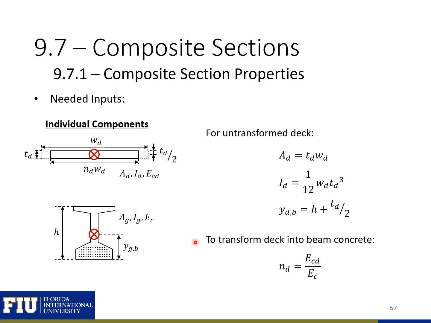We also have our modular ratio, which is just the ratio of the modulus of elasticity of our deck concrete to the modulus of elasticity of the concrete in the precast section. Typically, we'll be given the cross-sectional properties for our precast section. So we'll just be given our Ag, our Ig, and our Yg for our precast section. That's why I'm not showing them here.